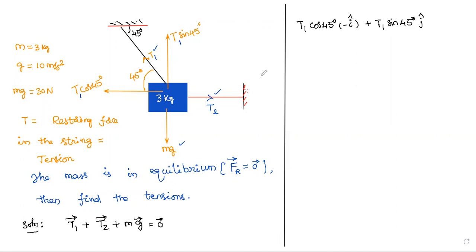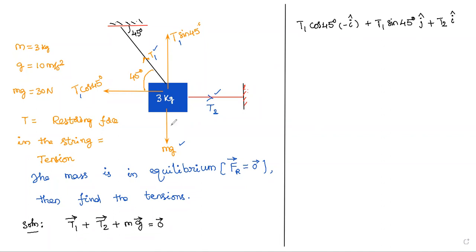So the T1 part I wrote, Nana, with the two components, T1 cos 45 and T1 sin 45. Next, followed by T2. T2 is perfectly along the positive x-axis, so plus T2 I cap. This is over.